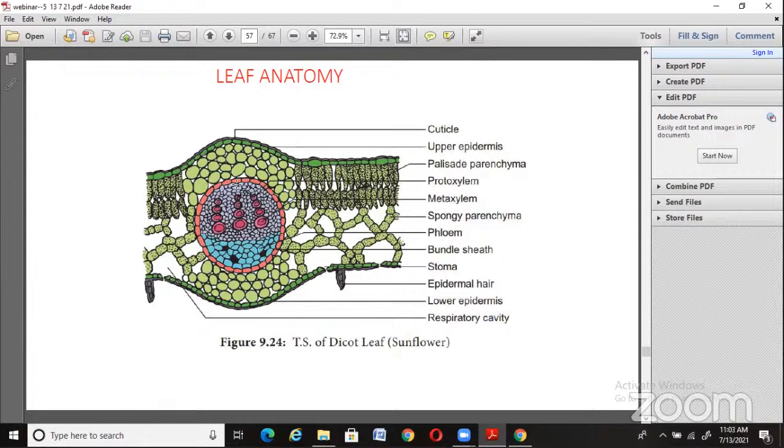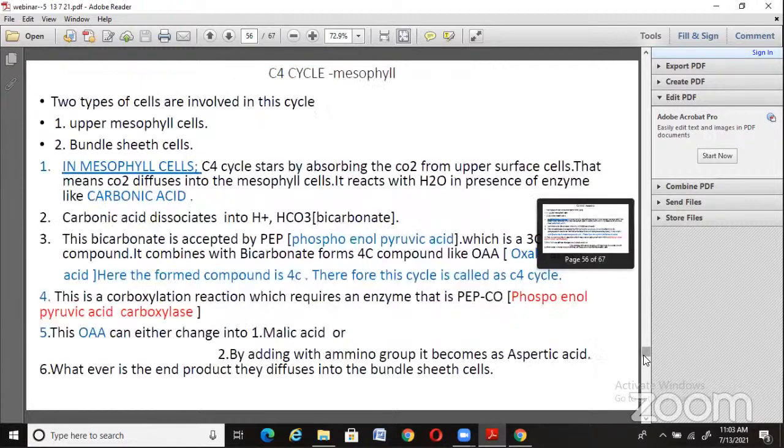This type of arrangement is also called wreath-like. Wreath-like means the cells are arranged in a circular manner in the bundle sheath. This adaptation is also helpful in avoiding photorespiration, and such a type is called Kranz anatomy.